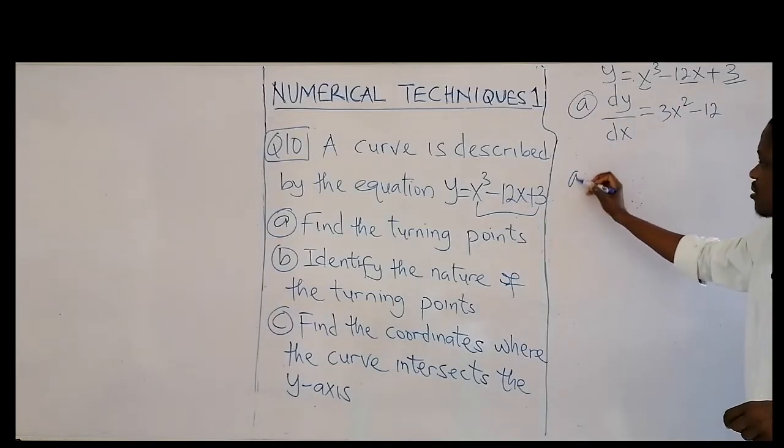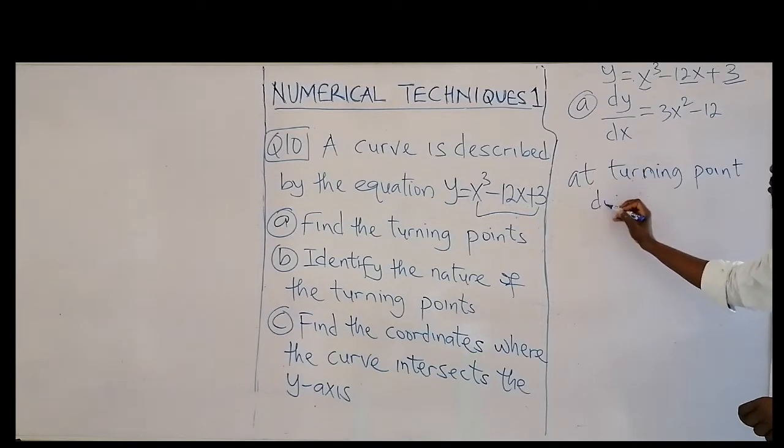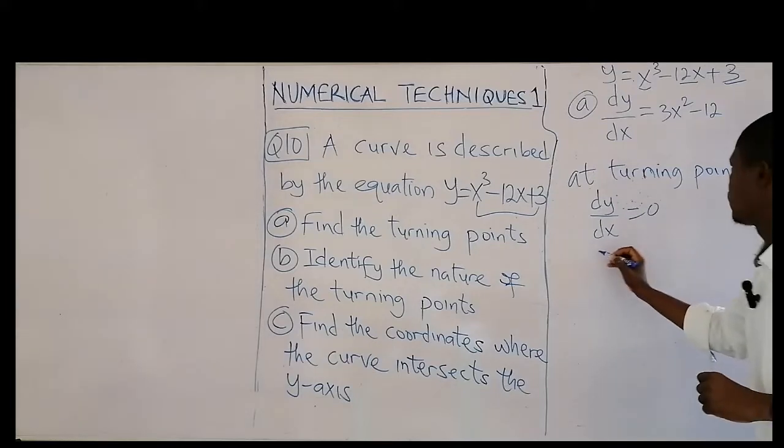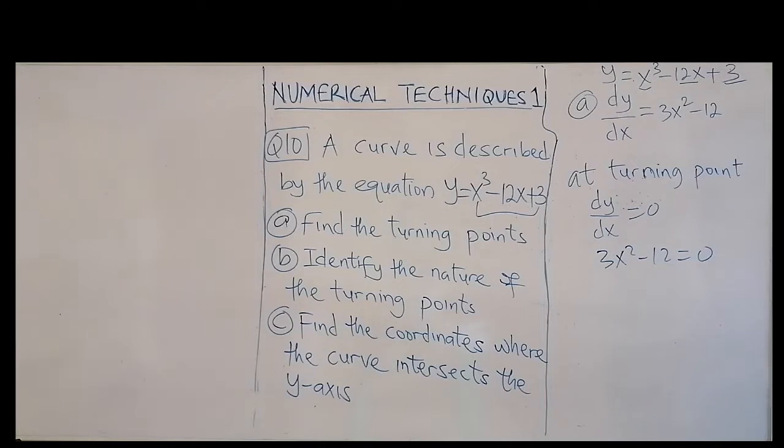At the turning points, dy/dx will be 0. So we now have 3x squared minus 12 equal to 0. 3 is common, so that is 3 times (x squared minus 4) equal to 0.